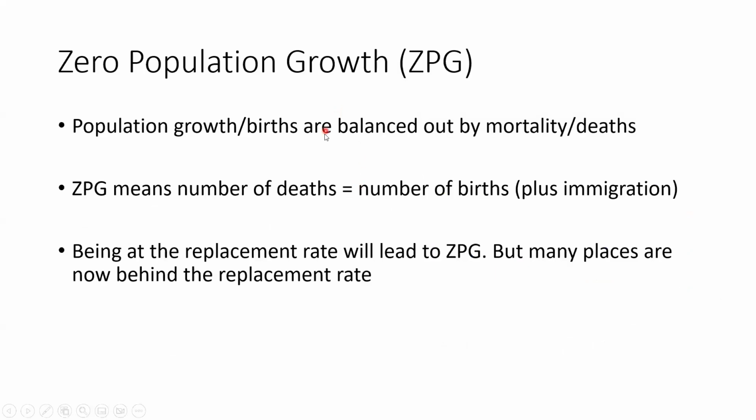And there's one thing known as zero population growth. So this is going to be when, as it suggests, zero population growth, number of deaths equal the number of births plus immigration. So we're going to see a constant population in this case.